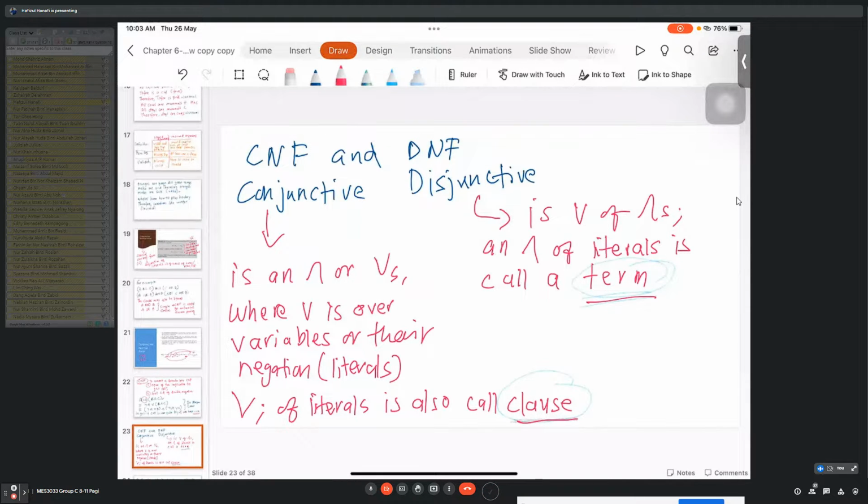We have CNF and DNF, conjunctive and disjunctive. Conjunctive normal form is an important normal form for propositional logic.